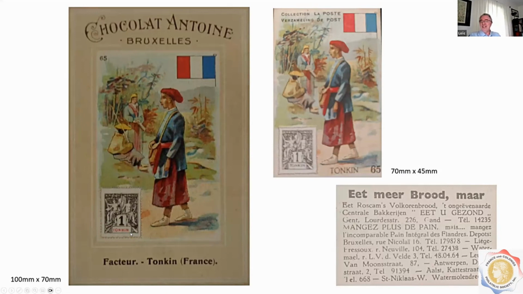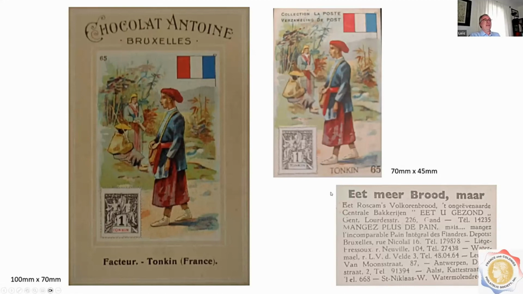So here as well, obviously the accuracy of their reproductions was not really the main worry that they had. They were just trying to make something illustrative of typical postmen in the Tonkin area, and put a stamp that would match, except that if that stamp didn't exist, that was not really a problem.